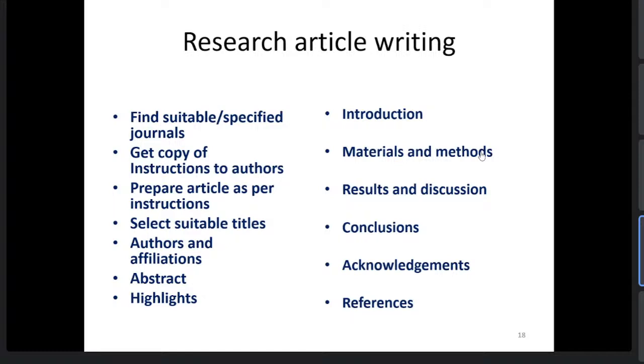So there is a journal finder also. Suppose you have worked in the agricultural domain or in the bioinformatics domain; other domains are there. In IEEE and Elsevier, a journal finder is available.